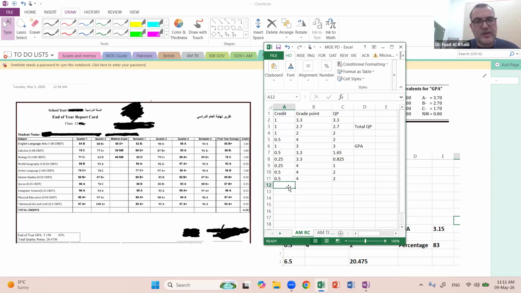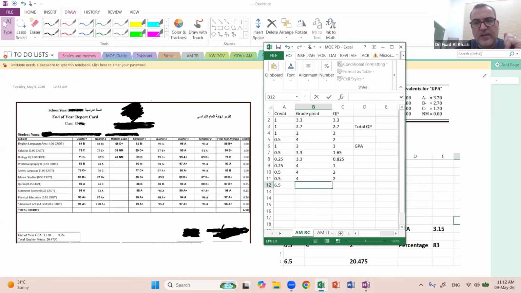Now we have the total credits. So how many credits did this student in grade 12 take? So we add the first column, which is the credits, and I assume it's 6.5. Yes, it's 6.5 here. So he took 6.5 credits in grade 12.